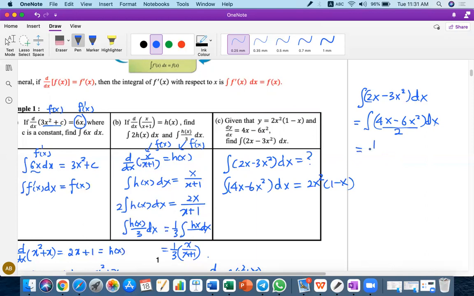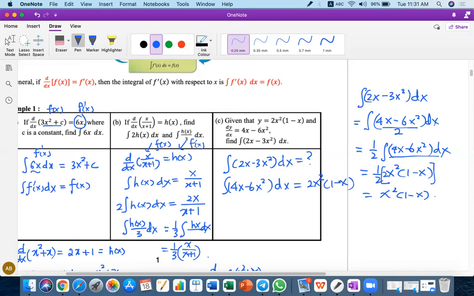Meaning that is 1 over 2 times the integral of 4x minus 6x squared dx. Therefore, our answer is 1 over 2 times 2x squared times 1 minus x. If you integrate 4x minus 6x squared, you get 2x squared times 1 minus x, and we eventually multiply by half. Half times 2x squared times 1 minus x gives x squared times 1 minus x.